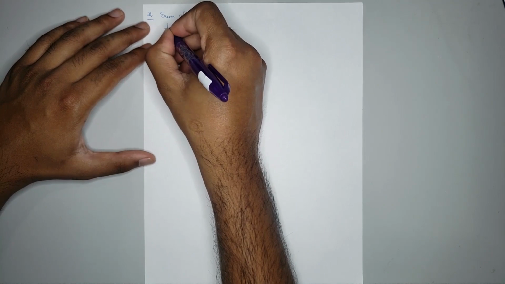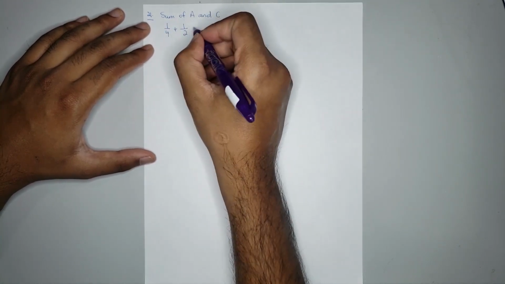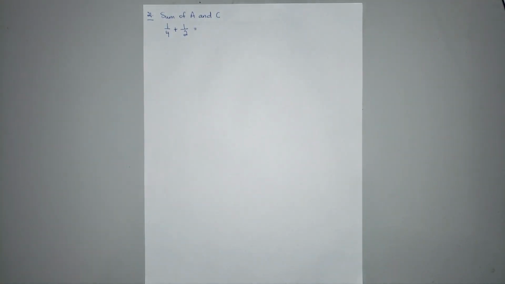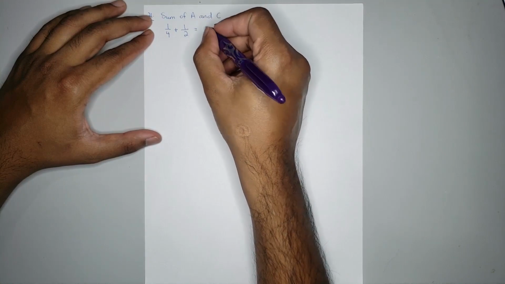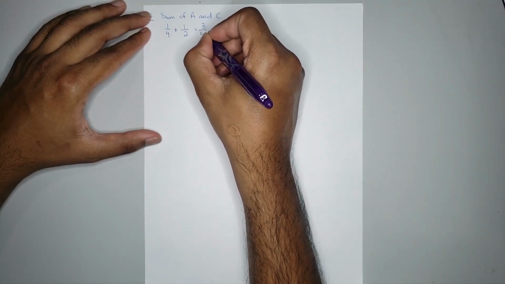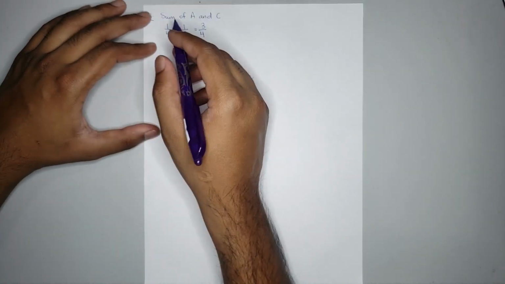We have 1/4 plus 1/2. To add fractions, find the common denominator and work from there. So 1/4 plus 1/2 is 3/4. And now you know that is the sum of A and C.